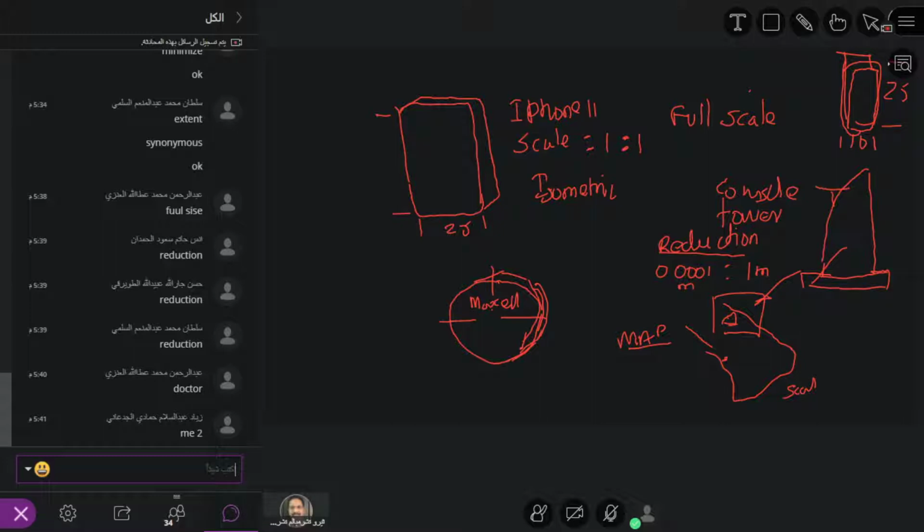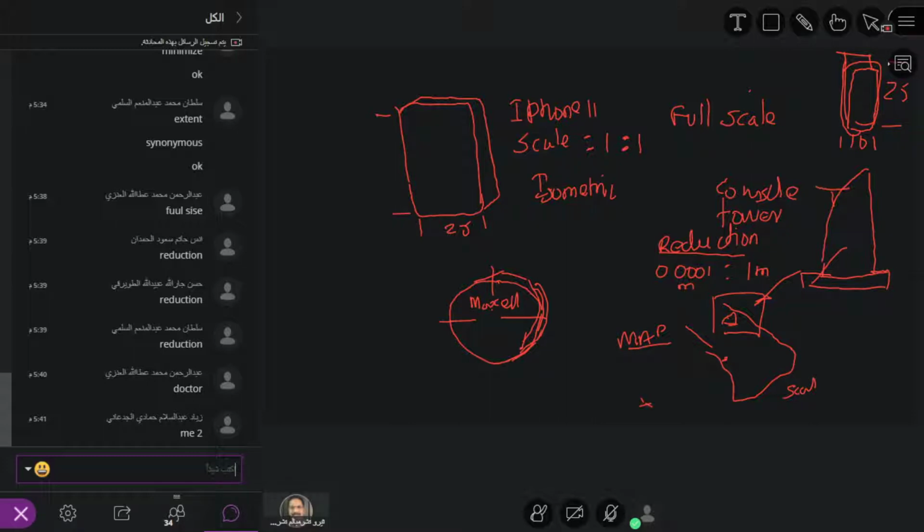So if the object is bigger than the paper, we use the reduction size. Absolutely correct. If the object is very, very small so that you cannot find anything when you write the true scale, then you enlarge it. Suppose you want to draw a mosquito, what do you do? A small mosquito.